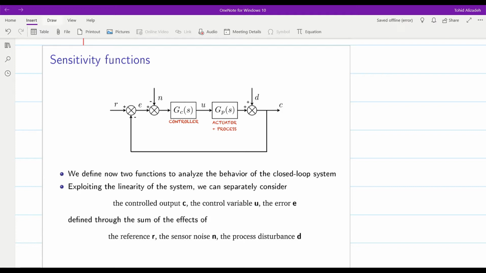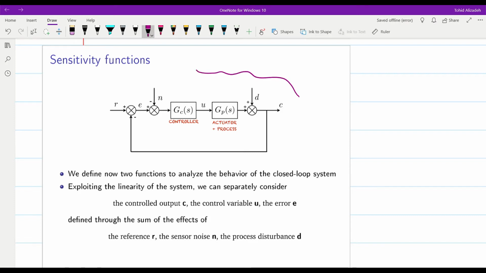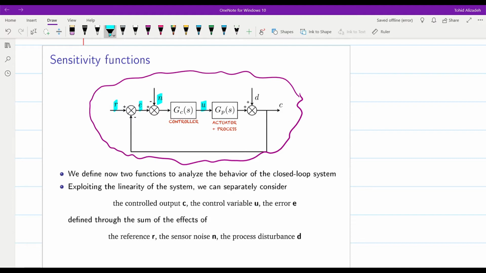Over here we have the standard closed loop system in block diagram form that we are going to use throughout the course. You can see that a couple of signals are indeed determined here. R is the reference signal, E is the error, N stands for noise, U is the control variable, D is the disturbance, and C is the actual output or controlled output of the system.